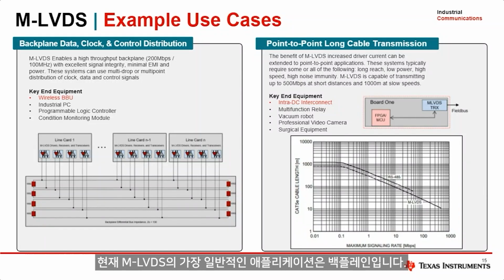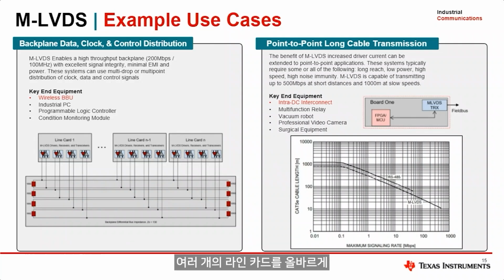Now, the most common application for M-LVDS is in a backplane. So having multiple line cards that use M-LVDS as the backplane interface, if optimized correctly, you're able to support up to 200 megabits per second in a fully loaded backplane with excellent signal integrity and minimal EMI.